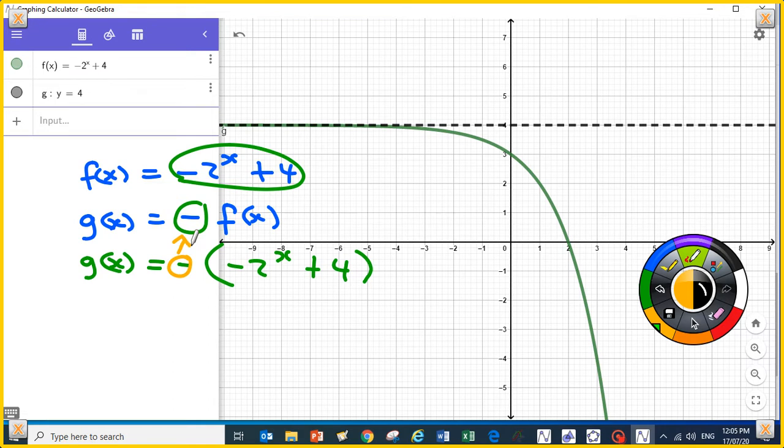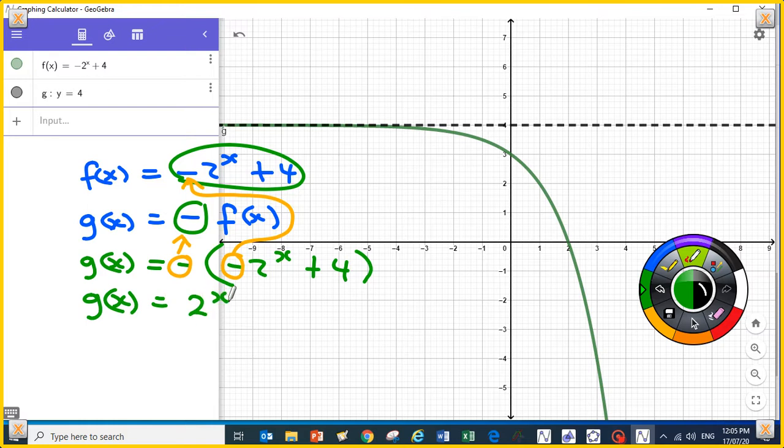Then this minus here is the minus of the equation, that is the constant in front of that 2 to the power of x. Then when we simplify this, we are going to get g of x equal to 2 to the power of x minus 4.